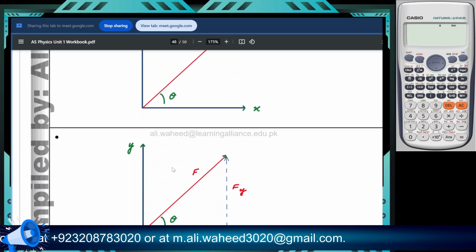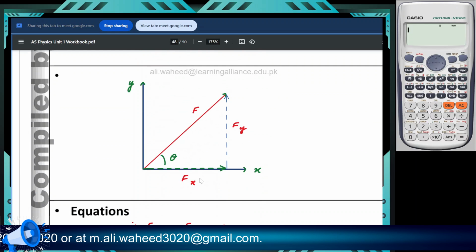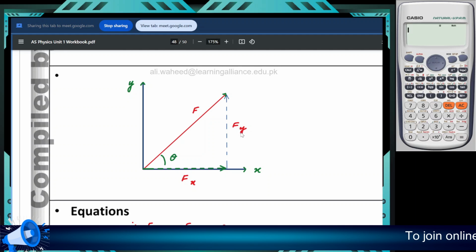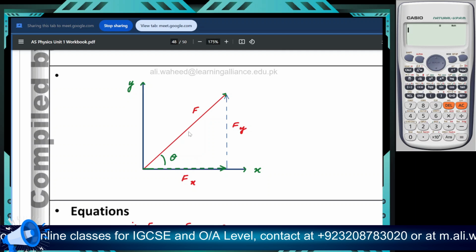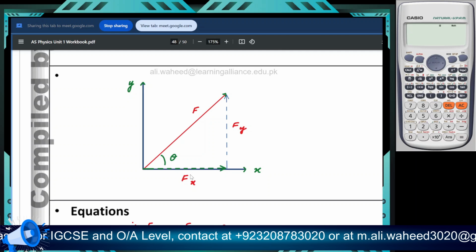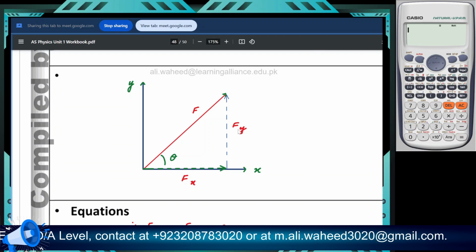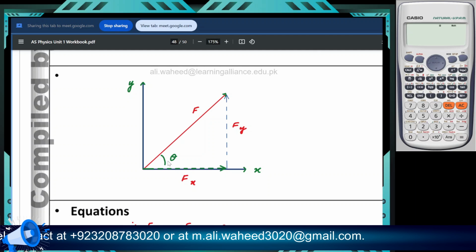So mathematically, we can represent it by this. You see Fx over here, this is a vector along the x-axis, and this is a vector along the y-axis. Now think about it, we have a right angle triangle. For that right angle triangle, this is the hypotenuse, this is the base, this is the perpendicular, and this is the angle theta.